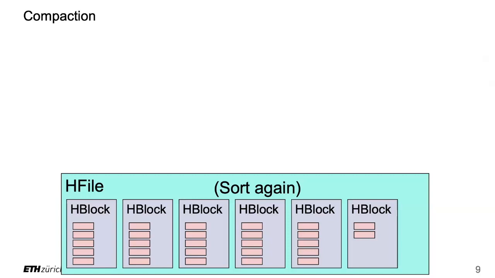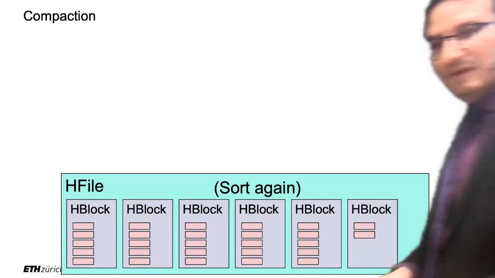And of course, there will be a single index in that HFile that indexes my key values based on HBlocks. So it's going to be faster to look up key values in that one than it was to look up in 3 different indices and 3 different files, right? Okay, so this is compaction.